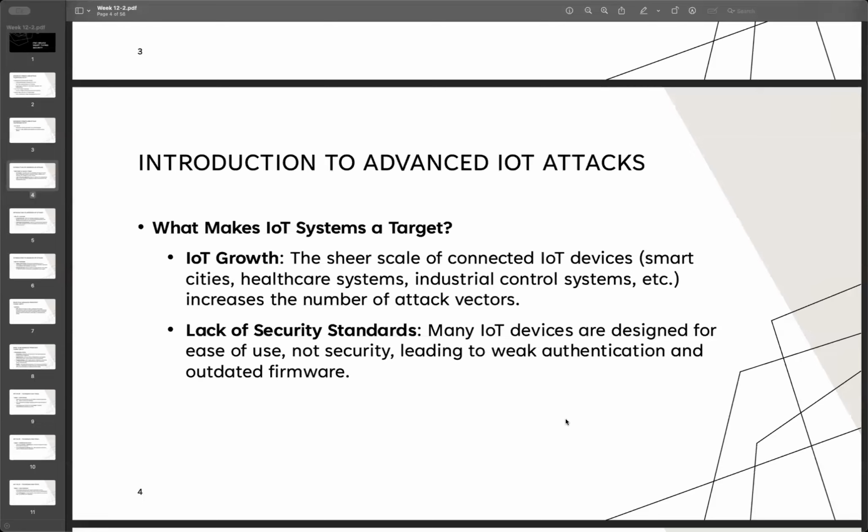Also, there's a lack of security standards. As we know, they always favor ease of use over security, although it's actually improving. But most of the devices we use in daily life, let's say the router, if you remember the lab where we looked at the framework, they're improving.